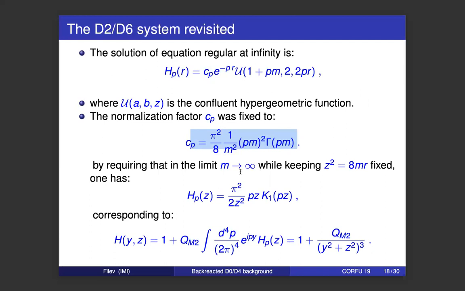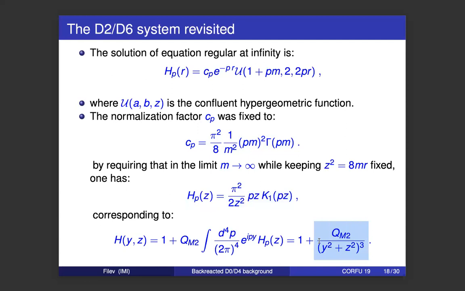And this is that limit that I'm talking about. If you take that limit to this 10-dimensional background, or I think they did it in 11 dimensions, you actually get that, and now you require that HP of Z is such that when you Fourier transform it, you get the warp factor associated to M2 branes.